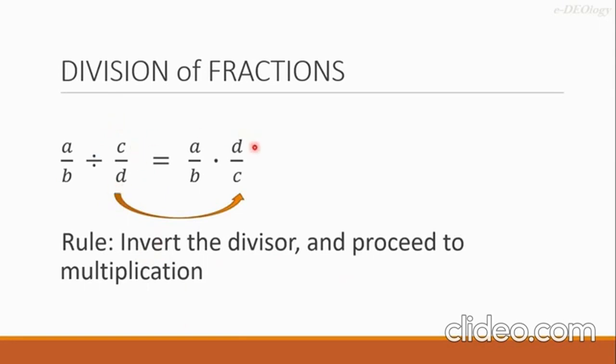We will invert. The d comes up as numerator, the c comes down as denominator. And then we will change the operation from division into multiplication. Now we will multiply a into d and b into c.